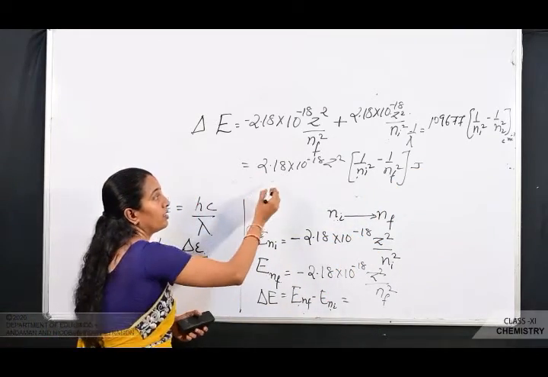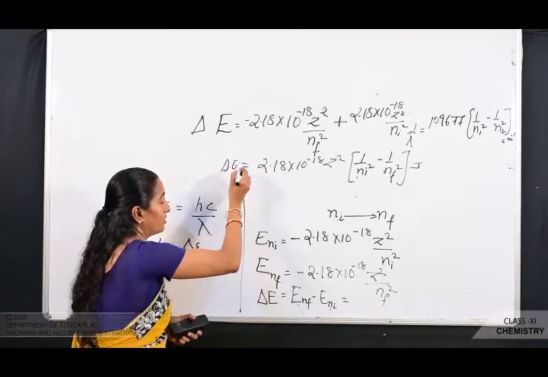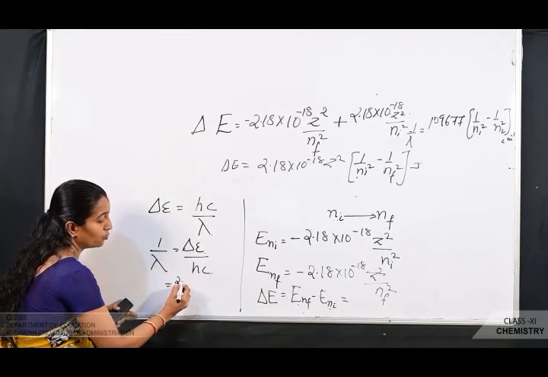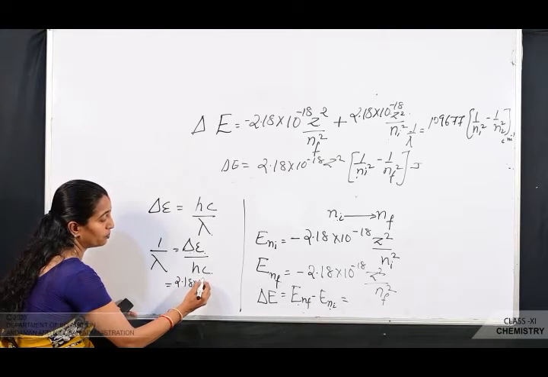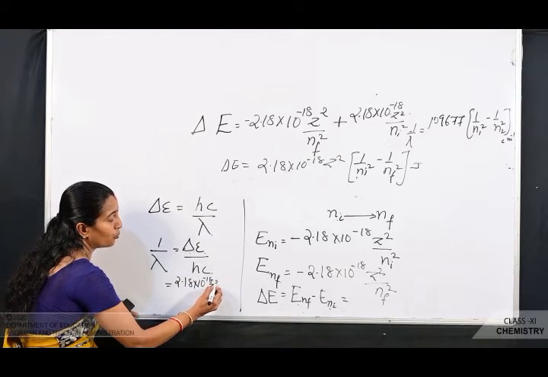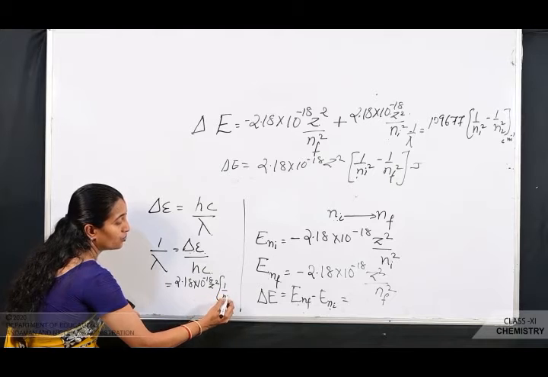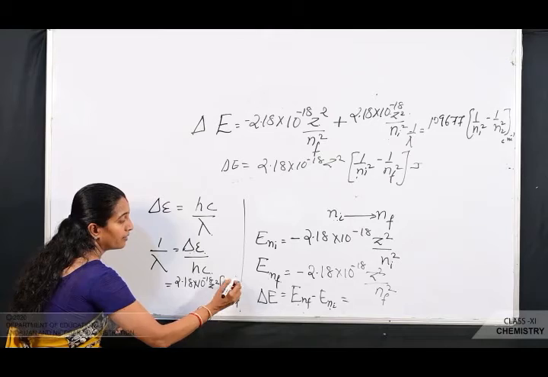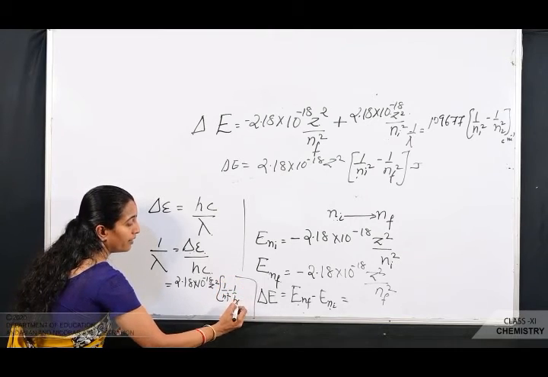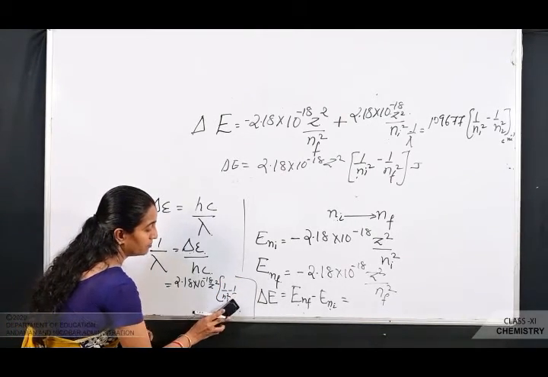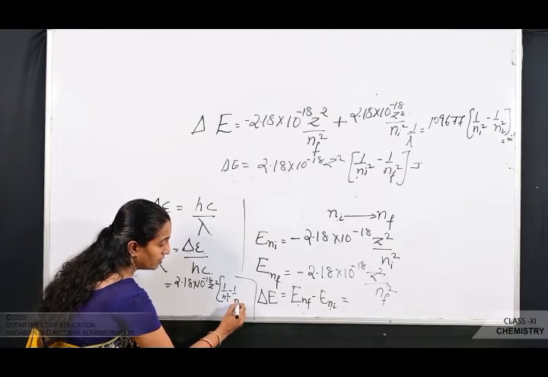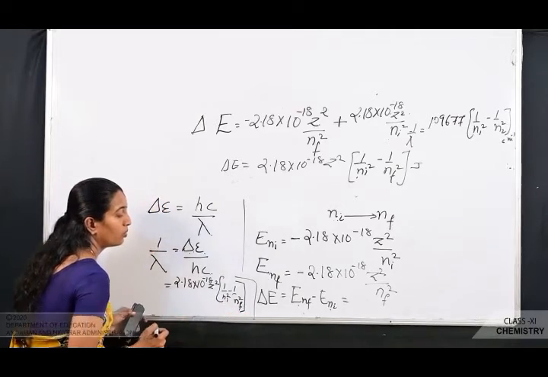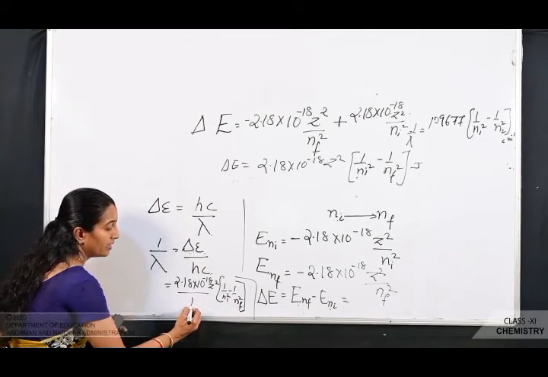Now this is the delta E value. If I put the value of delta E, that is 2.18 into 10 to the power minus 18 Z square times (1 by Ni square minus 1 by Nf square), divided by hc.